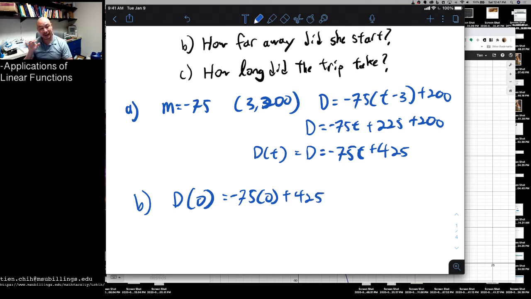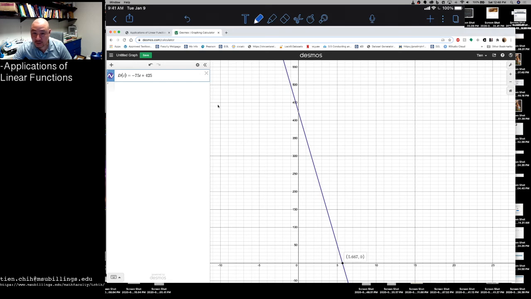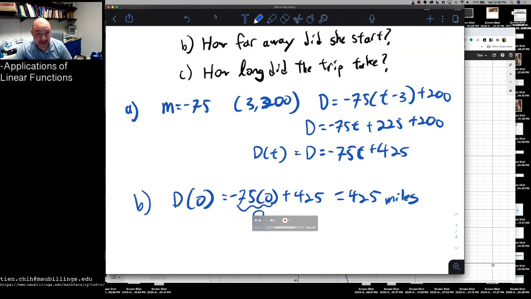So we just take our d function and evaluate at time 0. This, of course, is all 0, and we're just left with 425 miles. So when she sets off, she was 425 miles away, which is consistent with what we saw here, right?